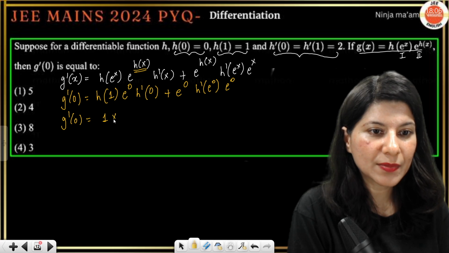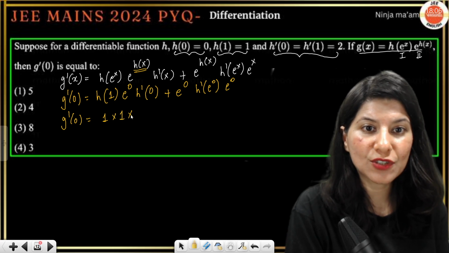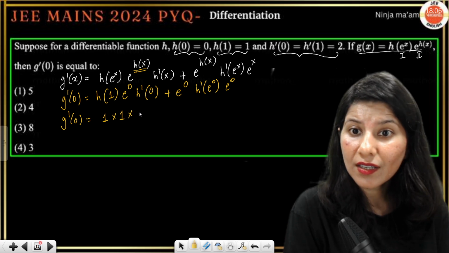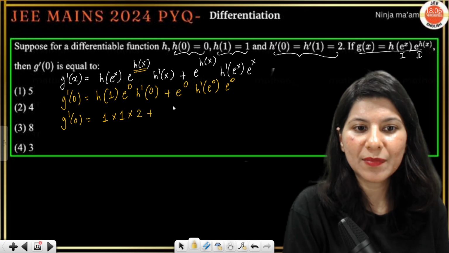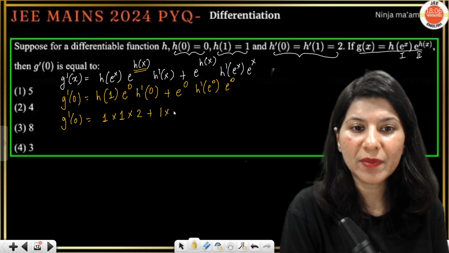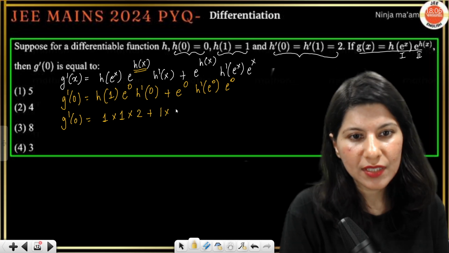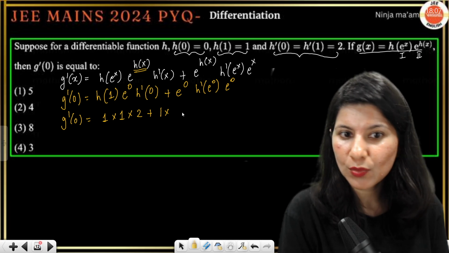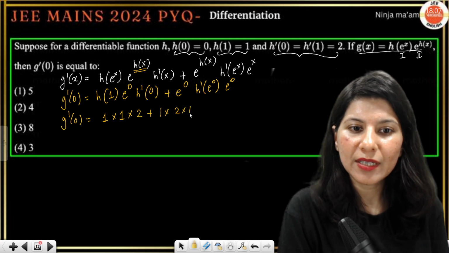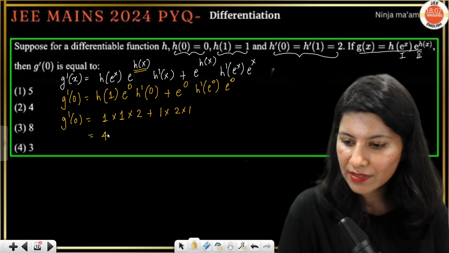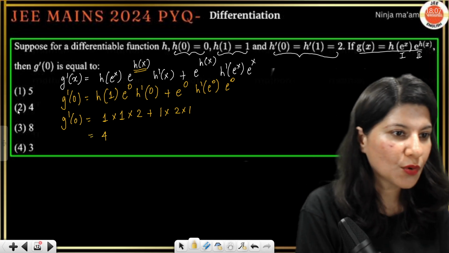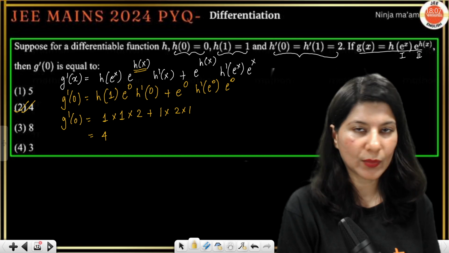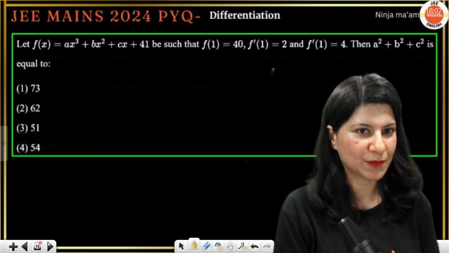So 1 multiplied by e power 0, again 1, h dash 0 is 2, plus e power 0 is 1 multiplied by h dash e power 0, that is h dash 1. h dash 1 is 2 again, multiplied by e power 0. So 2 plus 2, 4 is the correct answer of this question. Option B, absolutely killer question. Easy peasy lemon squeezy, alpha question.